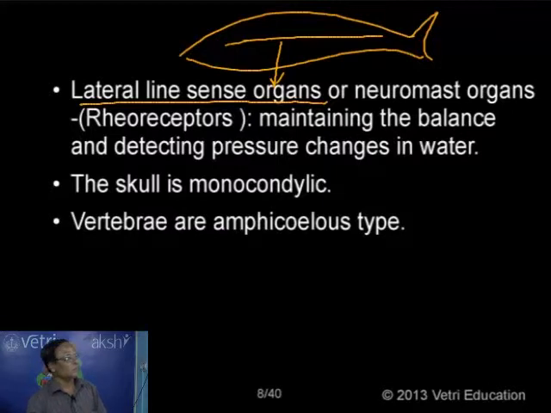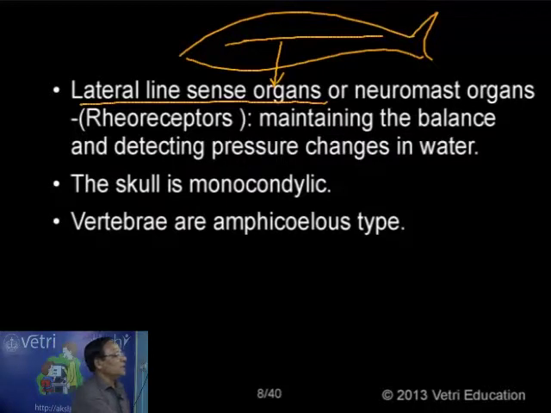Such a high pressure the animal's body cannot tolerate. Knowing the pressure suitable for the animal in a particular area is detected with the help of lateral line sense organs. So lateral line sense organs are found mainly in aquatic animals, particularly fishes. We can have them also in the tadpole larva or frog, because it is also aquatic. They are used for maintaining balance and detecting pressure changes in water.